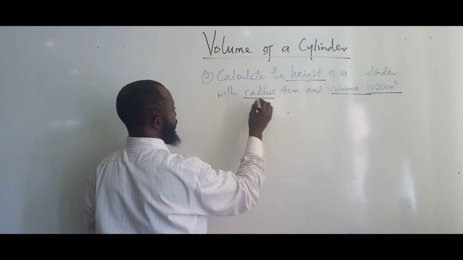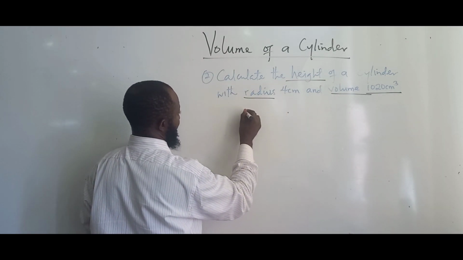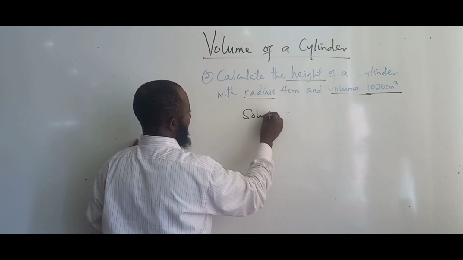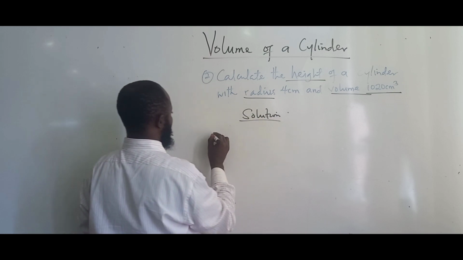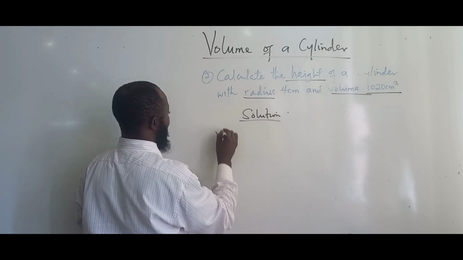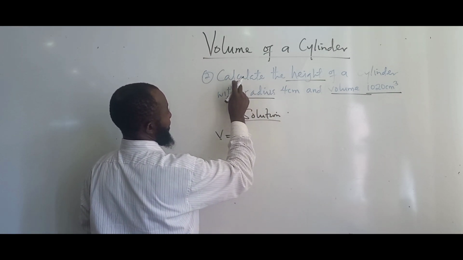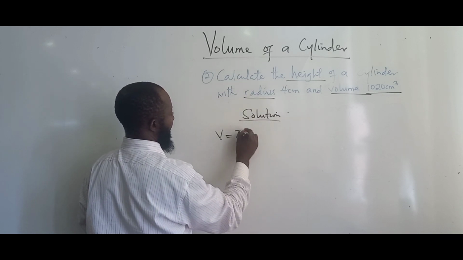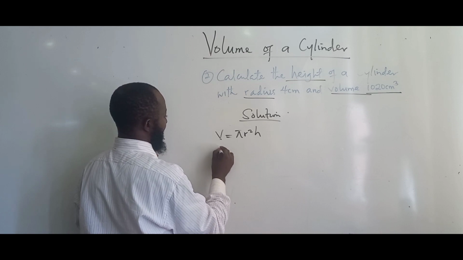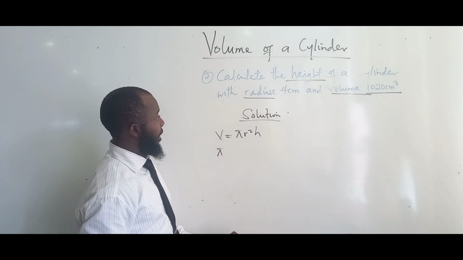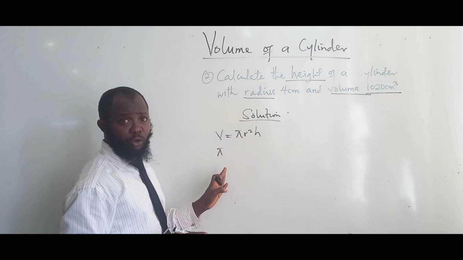So the first thing you should do as a student is to write the formula: the volume of the cylinder is pi r squared h. Where pi, we're not given the value of pi. Don't forget what I told you. You can make use of any value of your choice.